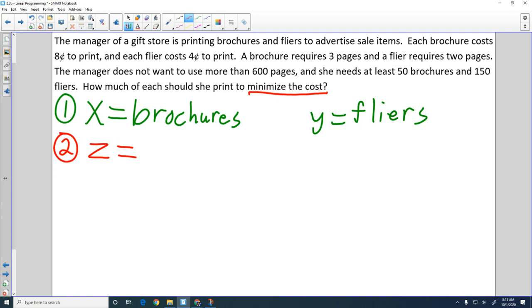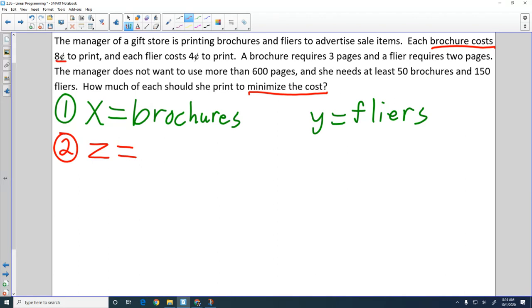That tells me exactly what should be in my Z function. Okay, I'm trying to minimize cost. That means my Z function needs to pertain to cost. So look back in the word problem, and what's the cost of a brochure? All right, it says each brochure costs 8 cents. Perfect.